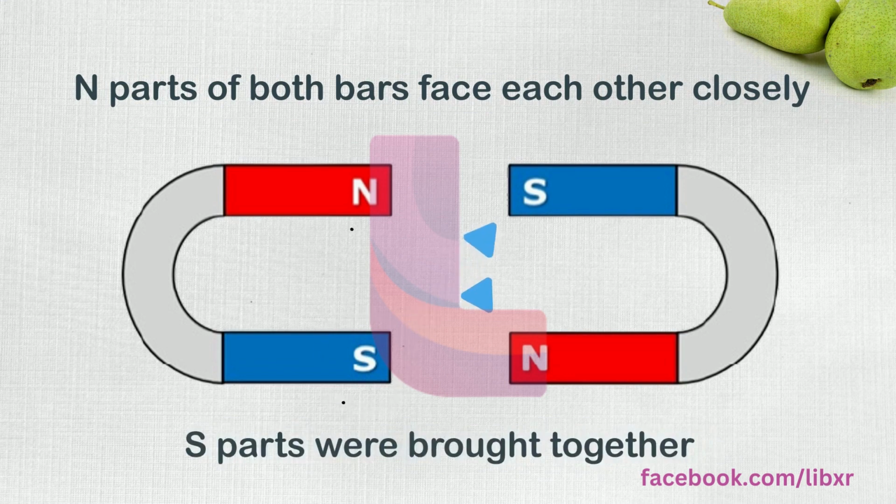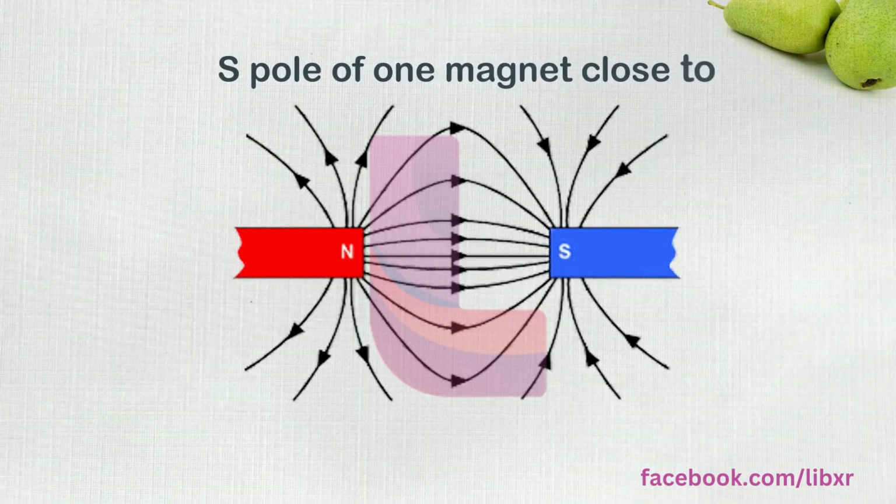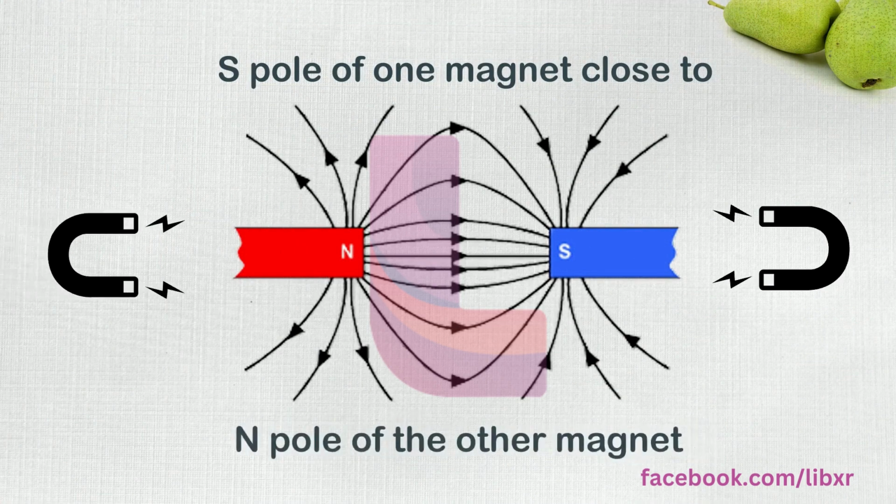However, opposite poles attract each other. For instance, if we bring the S pole of one magnet close to the N pole of the other magnet, they will attract and instantly stick to each other.